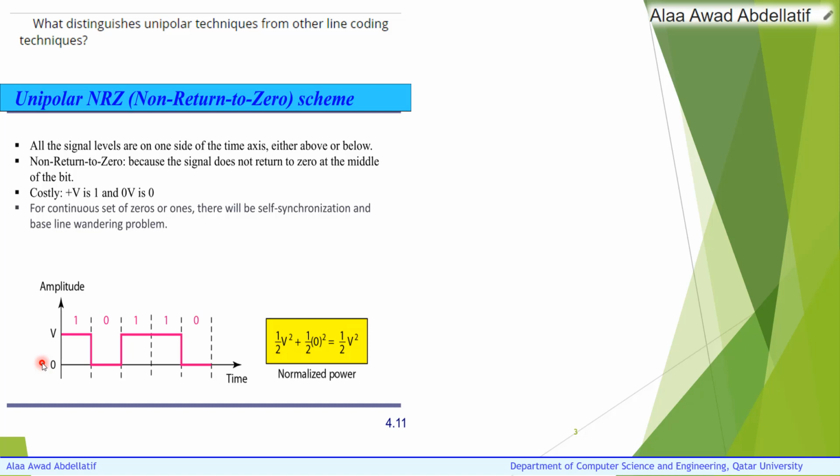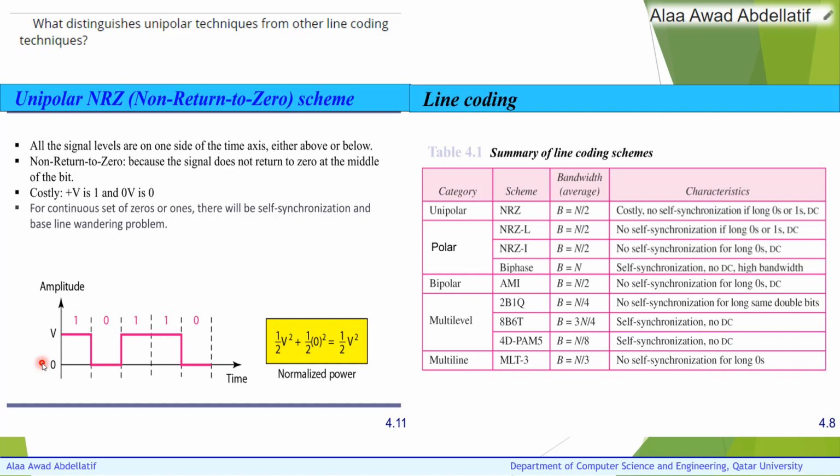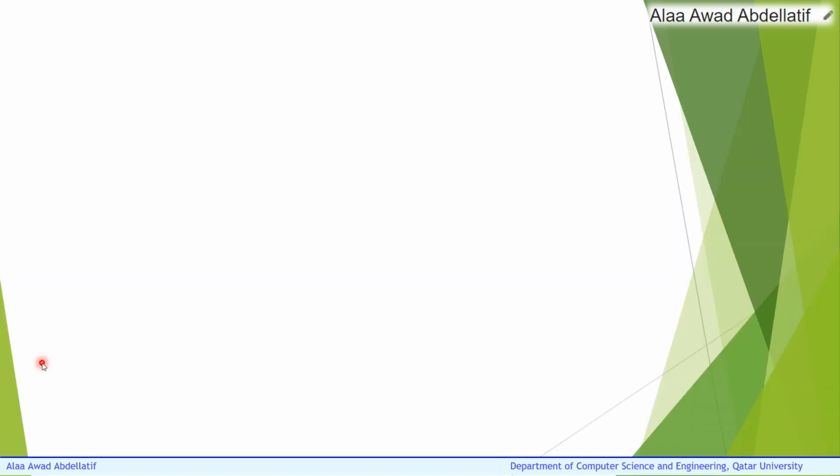In bipolar, we can send on two sides, positive and negative. This is a summary of the different line coding techniques: what supports synchronization, what does not, and bandwidth, and so on. These two slides are important. So unipolar uses positive and zero voltage, while bipolar, for example, polar uses positive and negative voltage.